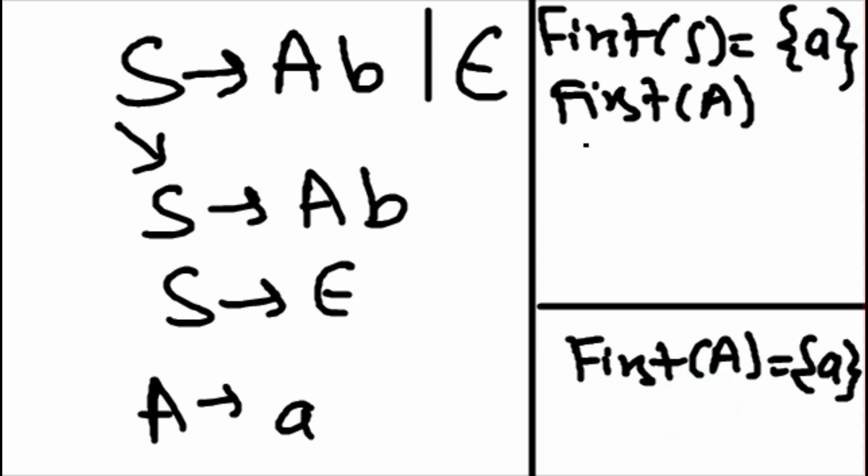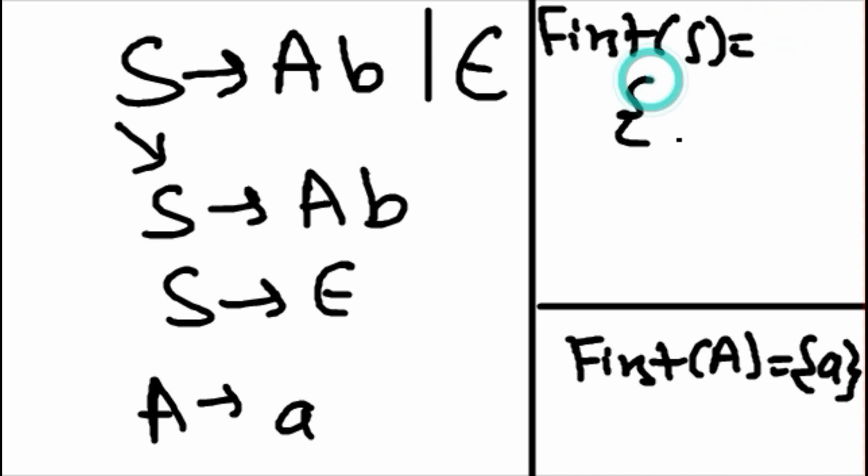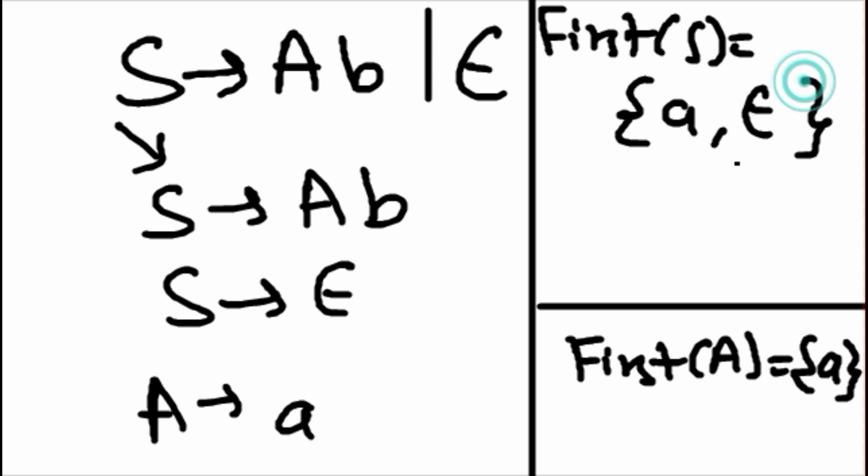So first of S is solved for this production, but we haven't solved the other one. In this case we have no option, so we have to include an epsilon because there is nothing else. So we expand the curly bracket and include epsilon. So small a and epsilon both are part of it. That is how we solve the first.